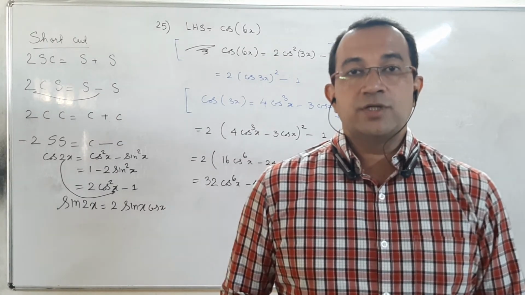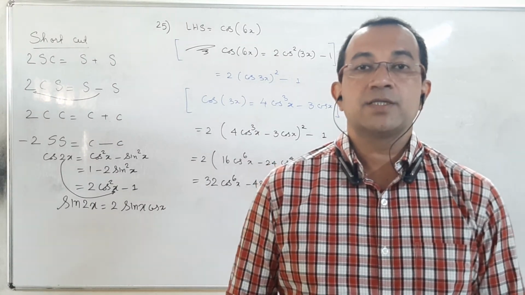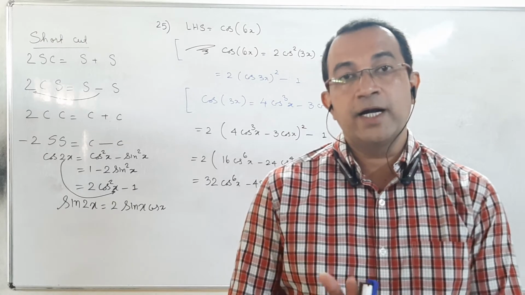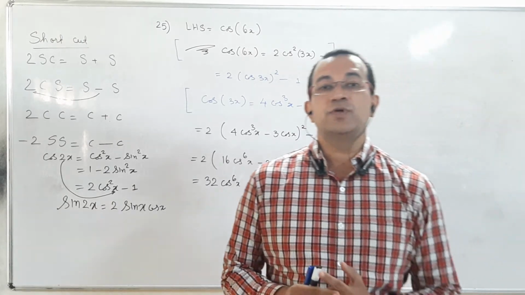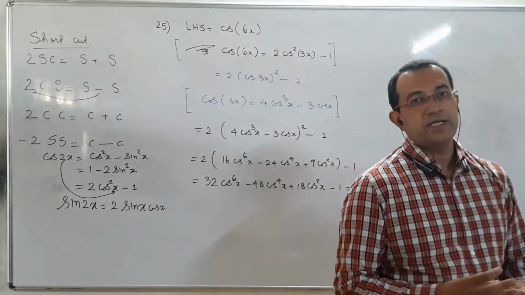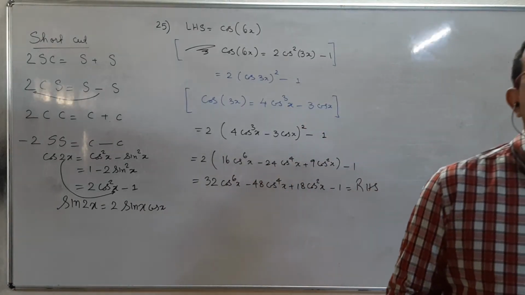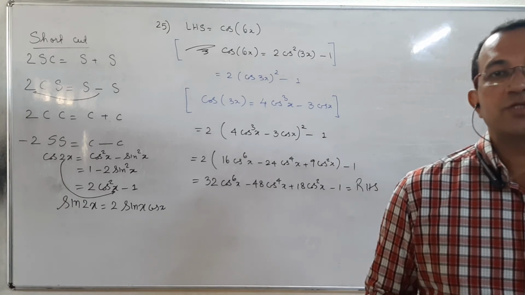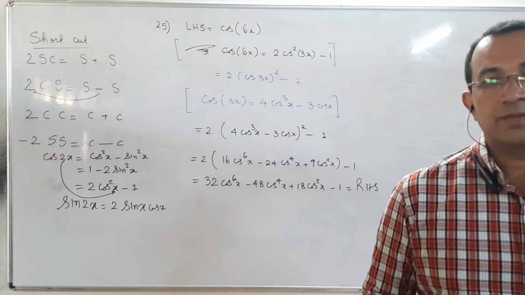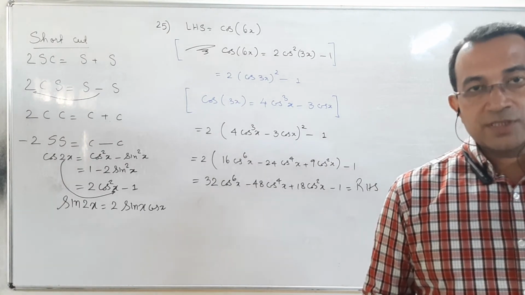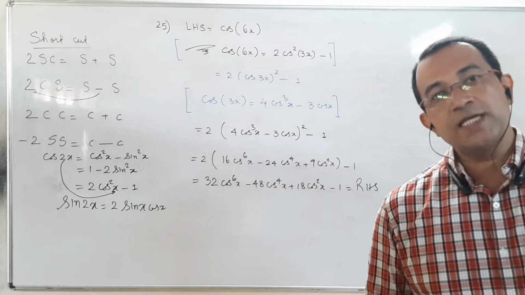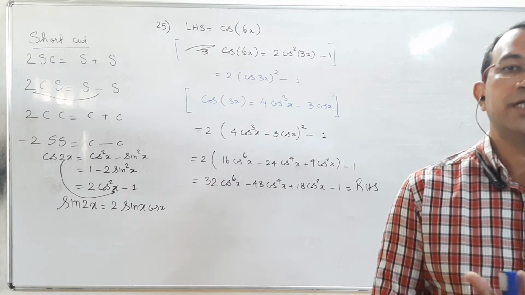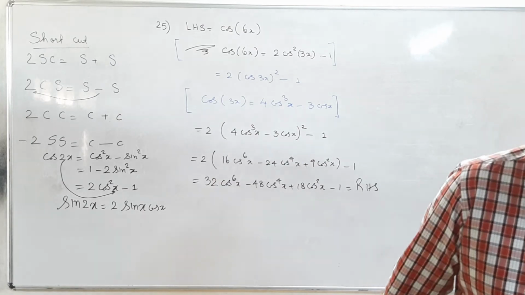So here, students, we are supposed to understand how the interconversions take place. That is one of the most important basics. From 6x we first converted to 3x, and from 3x we converted to x.